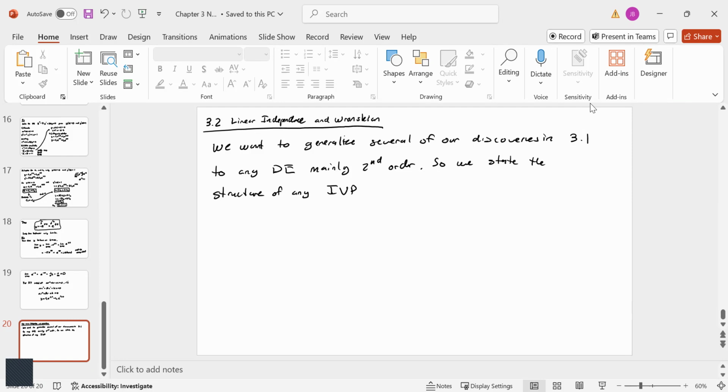To remind you of what that is, the differential equation will look something like this. a_n of x times y to the nth derivative, plus a_(n-1) of x times y to the (n-1) derivative, and so on and so on. Again, it's a confusing notation because there are so many things going on, but at the end of the day, you don't have to think too much about it.